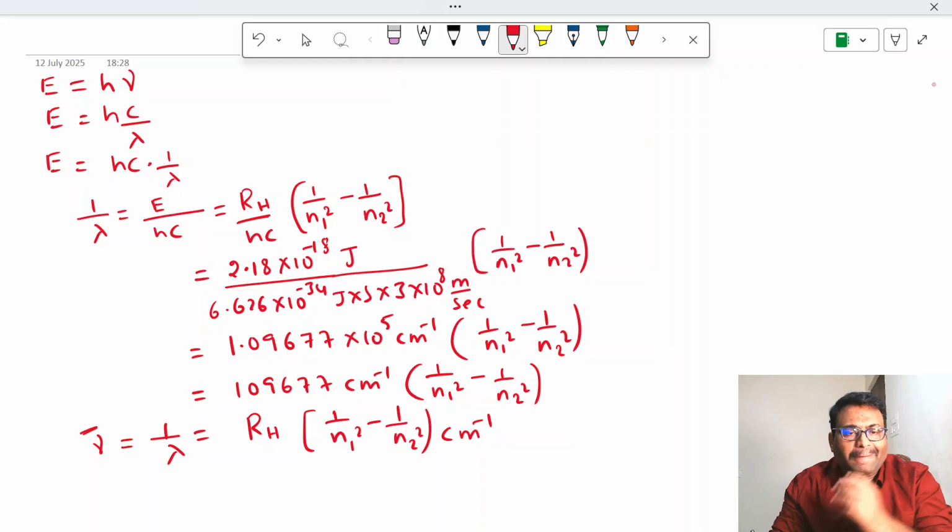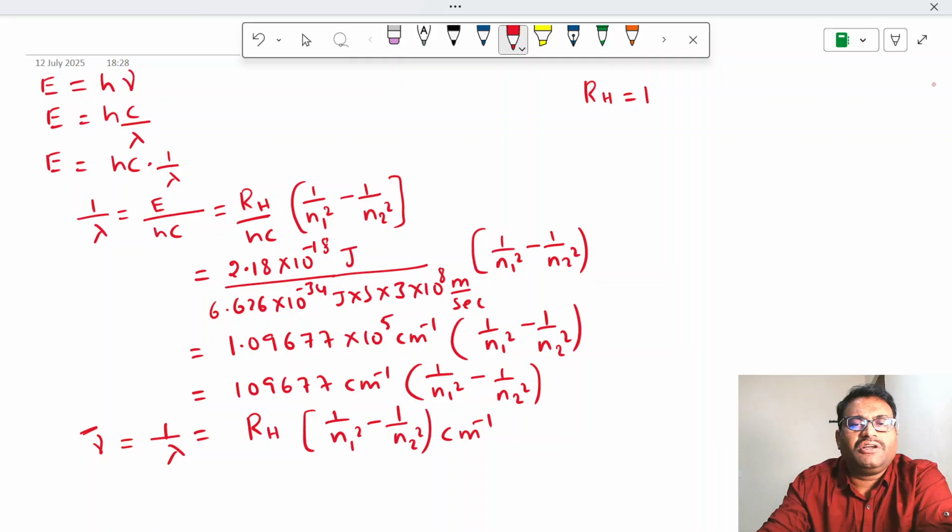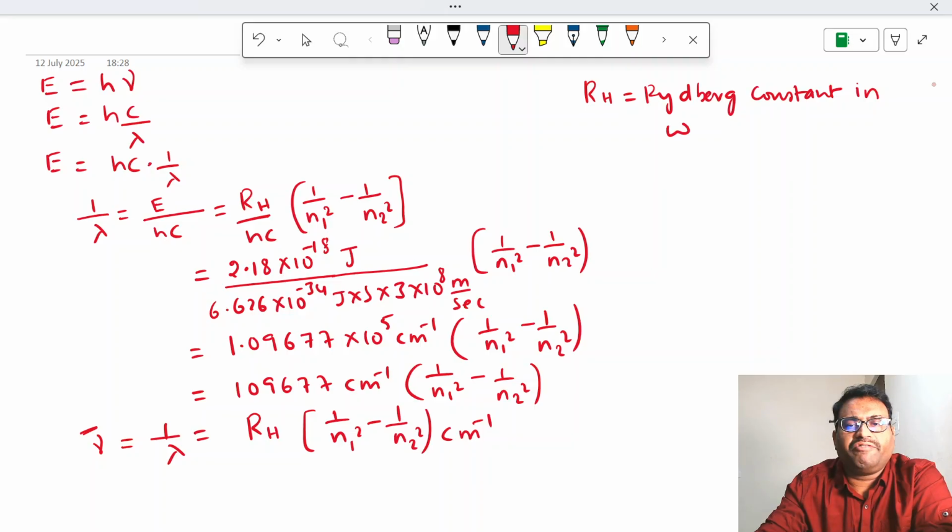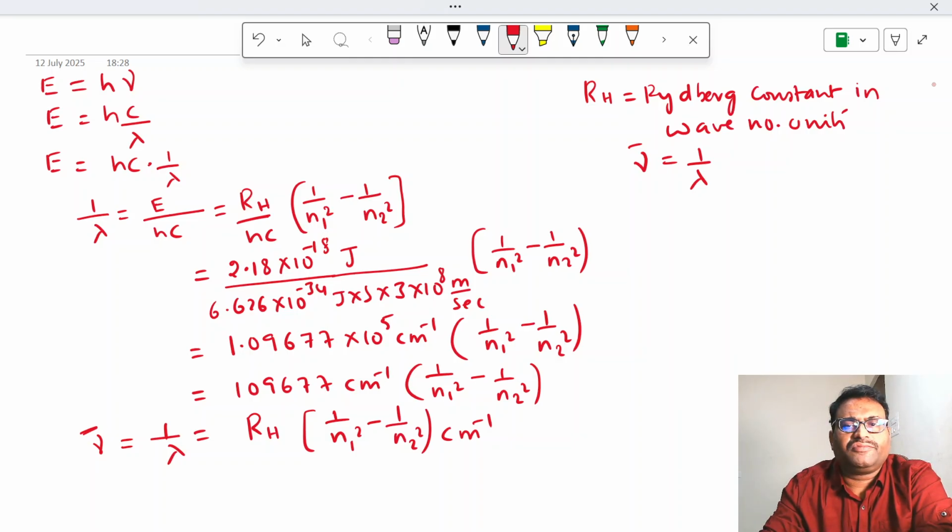So what is this RH? RH is the Rydberg constant expressed in wave number units. Wave number nu bar is equal to 1 by lambda. Understood?